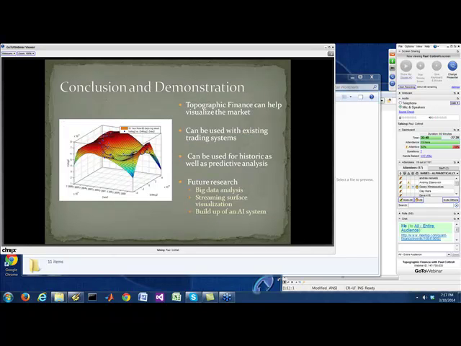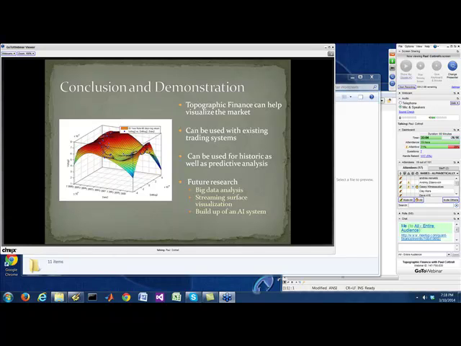Now, basically, the idea here is topographical finance can visualize the market. It can be used with existing trading systems. It can be used for historic as well as predictive analysis. And futures research is basically, for Poseidon, going to be big data analysis or polyglot analysis.